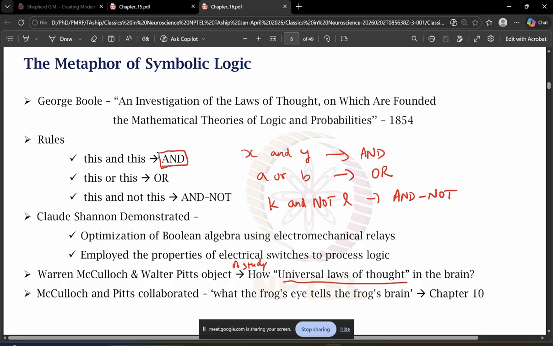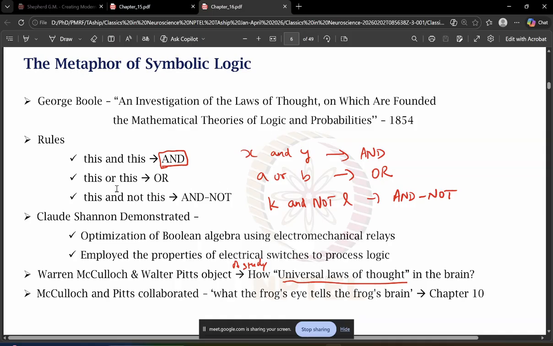So he gave these rules of and, or, and not. These are the Boolean logic that he came up with. If both x and y, this is the and function. So there's both this is happening and that is happening. So two things are happening at once. That is the and operation.